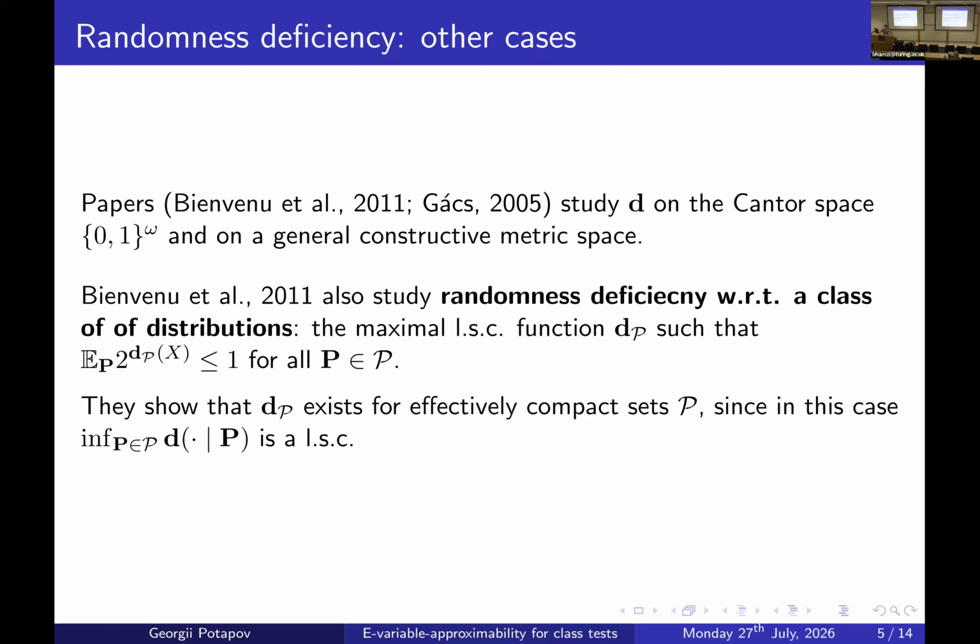In particular, it is known that when the family P is effectively compact in the space of all probability distributions, then the infimum of randomness deficiency, or of universal randomness tests, exists and is lower semi-computable.